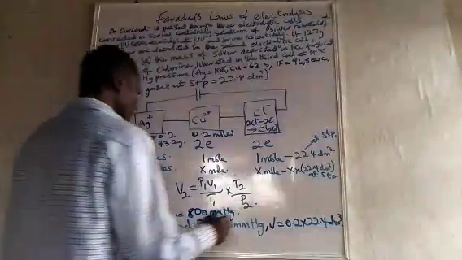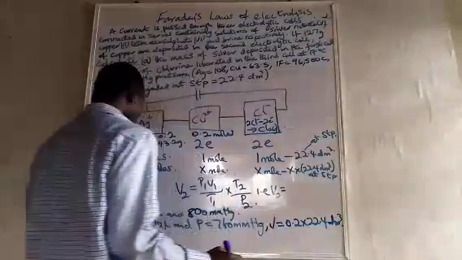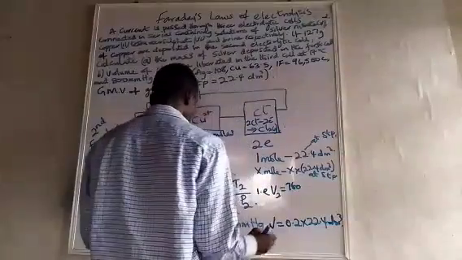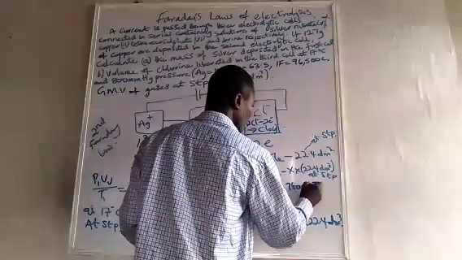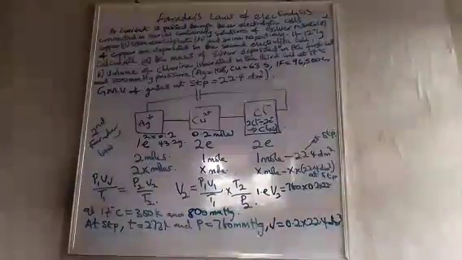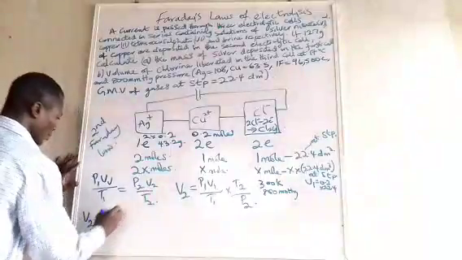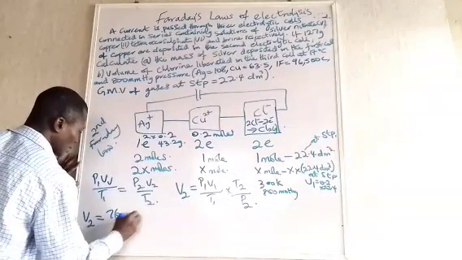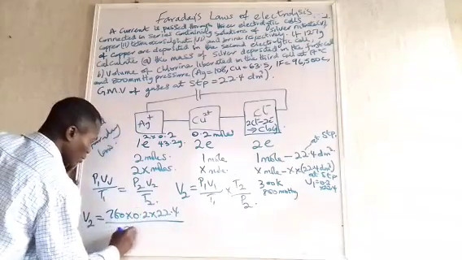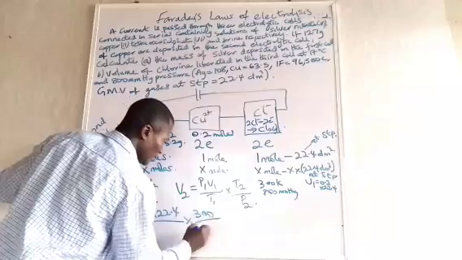And this means that V2 will be equal to, what's our P1? 762. V1 is 0.2 times 22.4. Okay, let me see. So, you can calculate it now. To say V2 will be equal to 760 times 0.2 times 22.4 divided by 273 times 300 over 800.